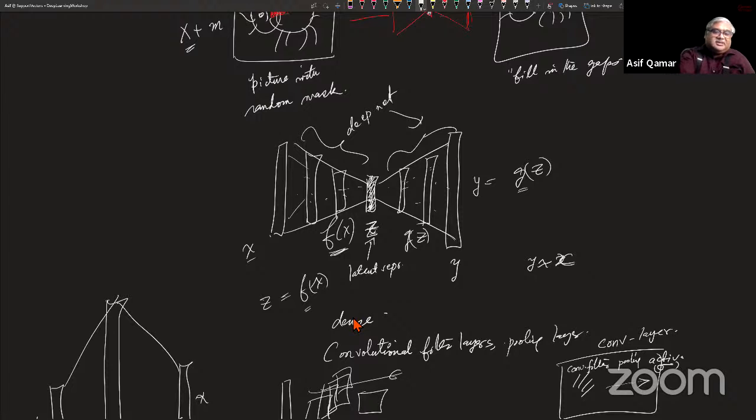So you can still think of your deep layers before the latent layer as some function f, and you think of g as another function that takes the latent representation and produces y. In other words, X goes to Z, the latent representation, using some function F, which is represented by the first part of the deep neural net, and it goes through G to produce Y, which is the second part of the neural network.